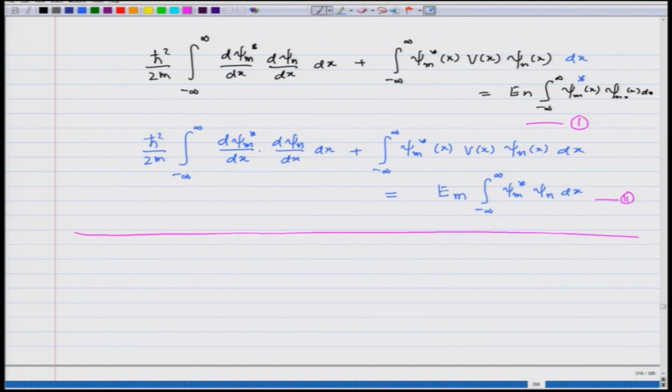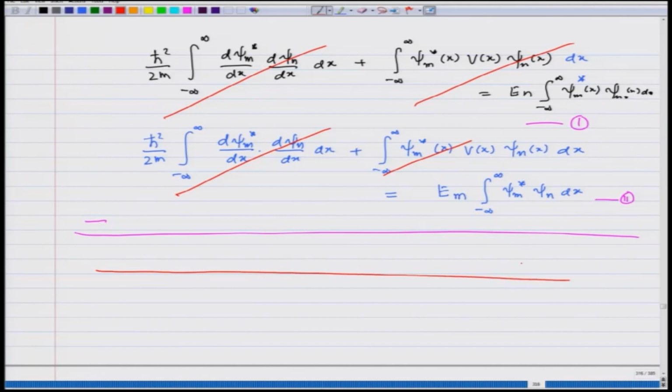Subtract 2 from 1, and when you subtract, you notice that the first term cancels. So does the second term. So, what you are left with is 0 on the left hand side is equal to (En minus Em) integral from minus infinity to infinity ψm* ψn dx.